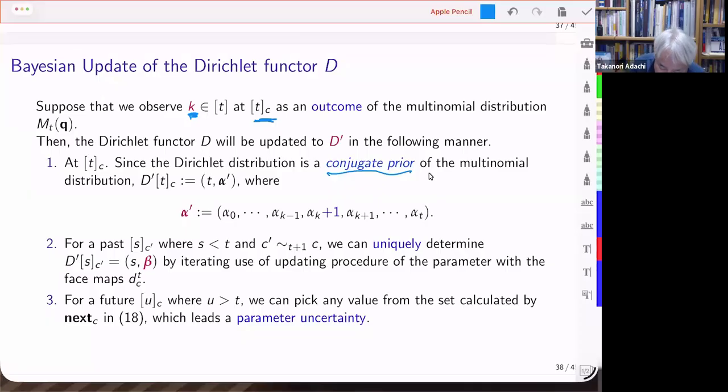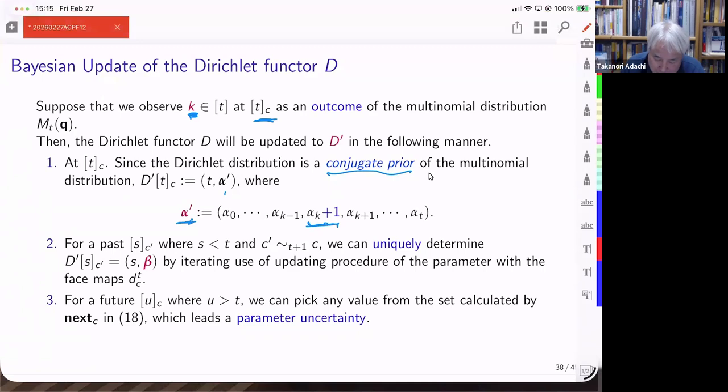Because we observe k, we just add 1 to alpha k+1, making alpha dash, a new parameter list. Using this new parameter list, we can update the Dirichlet functor itself. So this is the interpretation of the Bayesian update in our model.